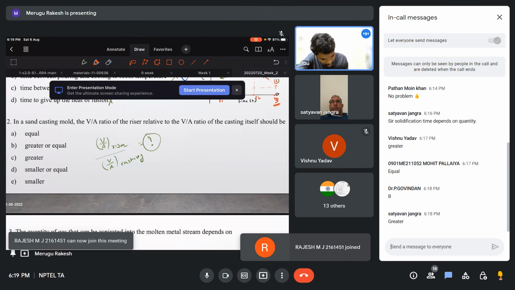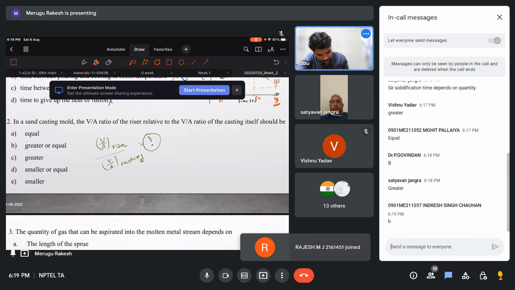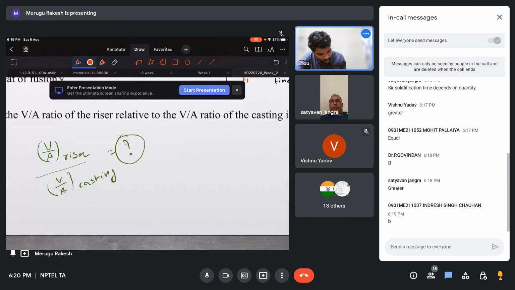So now what happens? You know the main purpose of a riser is to freeze at the end, so that if there is any need for the shrinkage, the liquid can flow into the casting and fill the shrinkage.